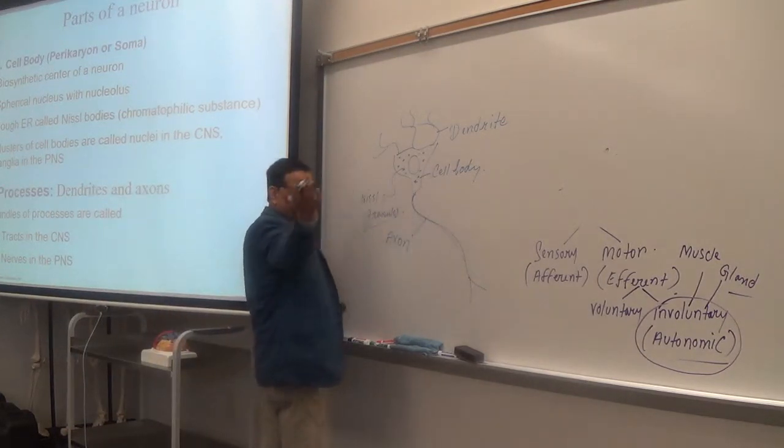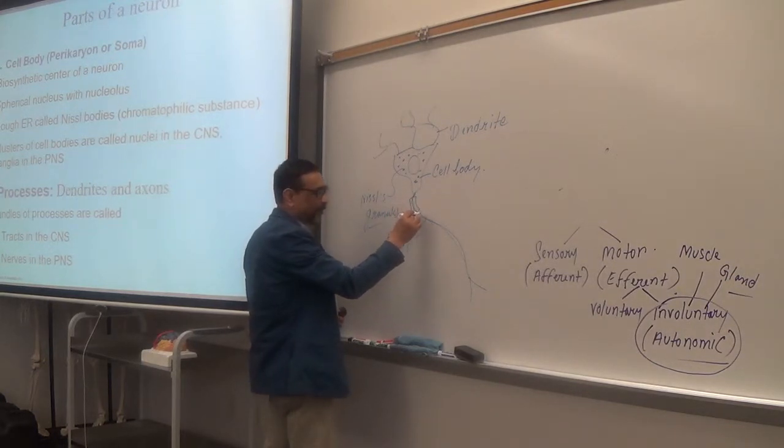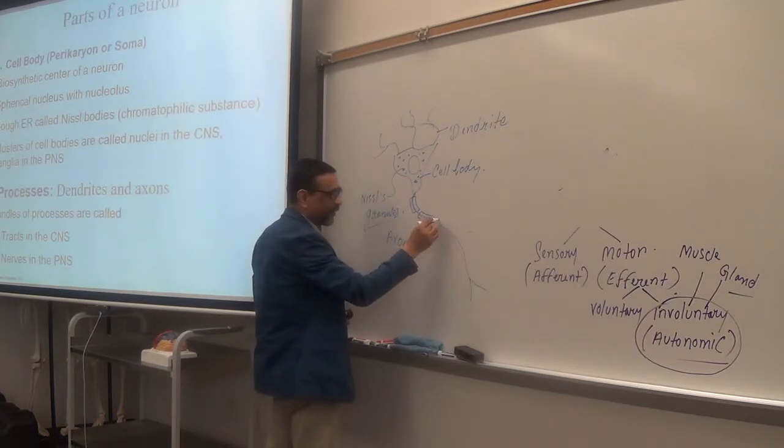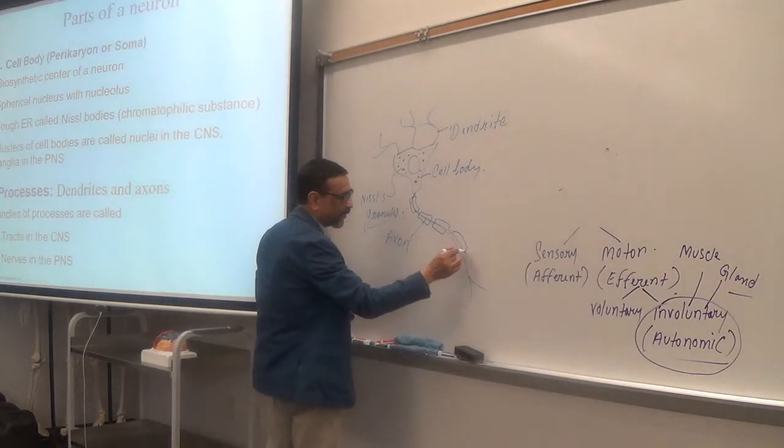Now, I have already mentioned that in the peripheral nervous system, the axon is insulated by Schwann cells.